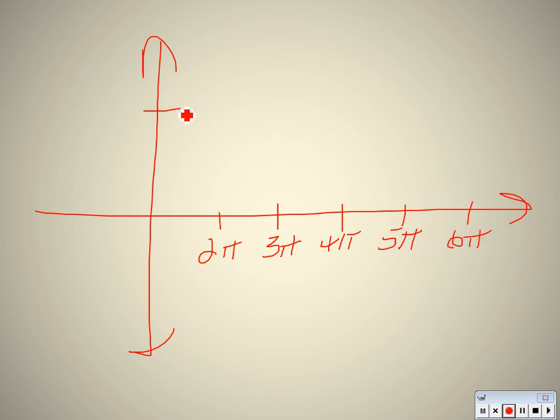And then here's my y-axis. So my first point is 2 pi, positive 1, that's up here. Then I have 3 pi, 0, that's going to go there. Then I have 4 pi, negative 1, that's going to go here. Then I have 5 pi, 0, that's going to go there. And then finally 6 pi and positive 1, that's going to go here.